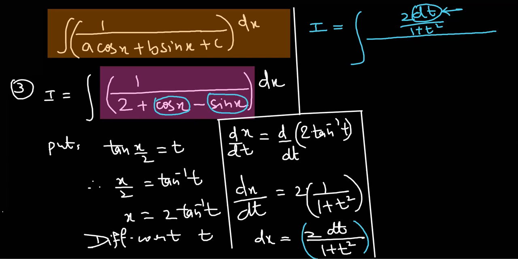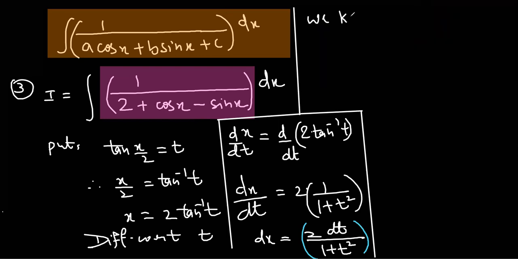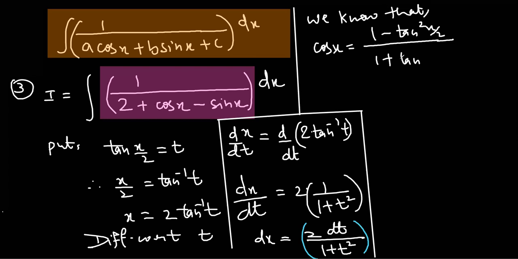Keeping this in mind, I need to write one more step before I come to the new integral. We know that the cos x half angle formula in terms of tan is 1 minus tan square x by 2 upon 1 plus tan square x by 2.